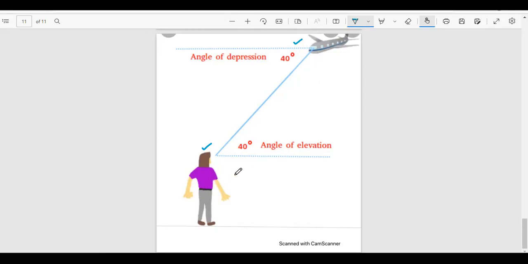And if the girl wants to look at the pilot, she would have to raise her head, so that is why it is the angle of elevation. But as I've told you earlier as well, both of these angles for the two objects are going to be the same, because we have two parallel lines being cut by a transversal. Yes, any doubts with this?